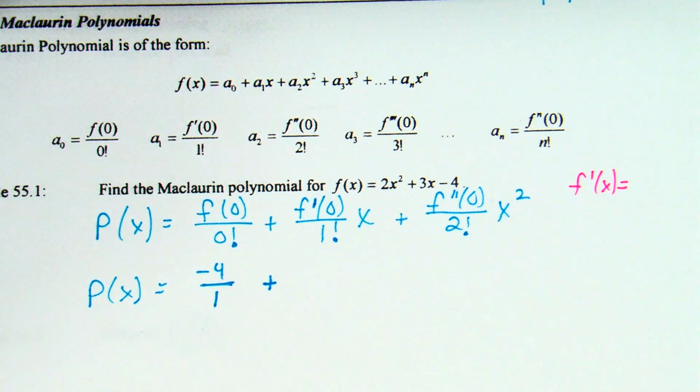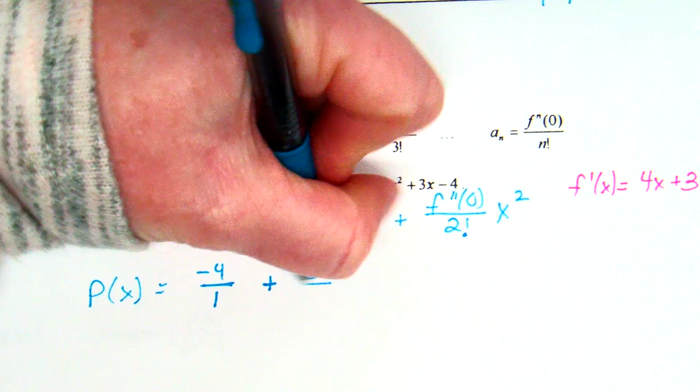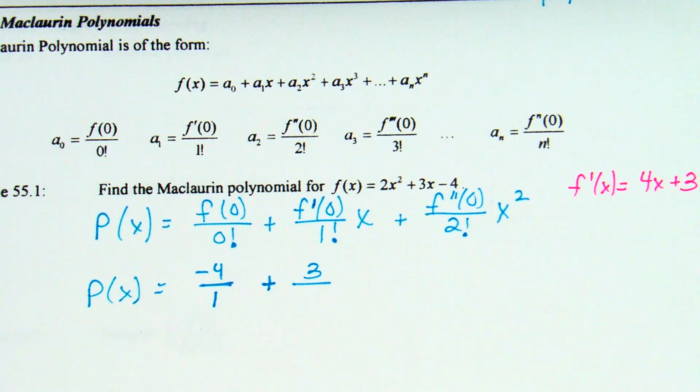So what is f prime of 0? When you plug in 0, 4 times 0 is 0 plus 3, so it's 3. Divided by 1 factorial. What is 1 factorial? It's also 1 because you multiply everything down to 1, so it's just 1. Then times x. That'll be your coefficient on the x term.